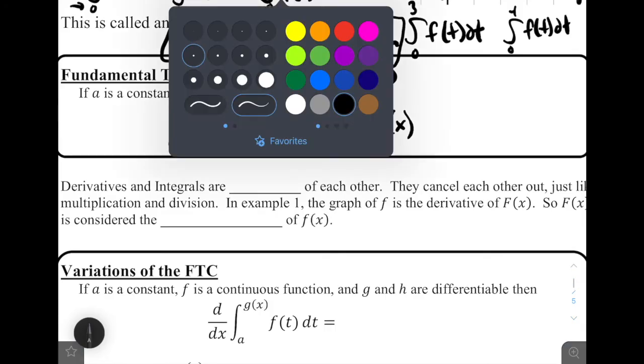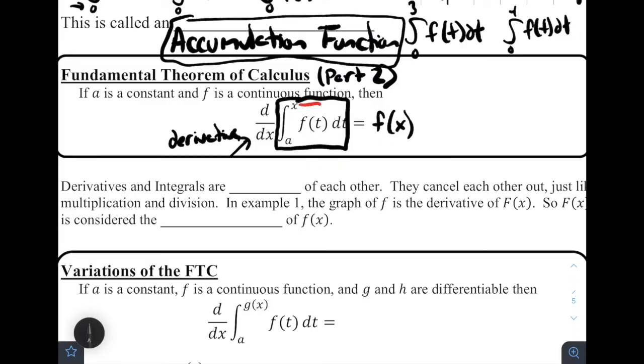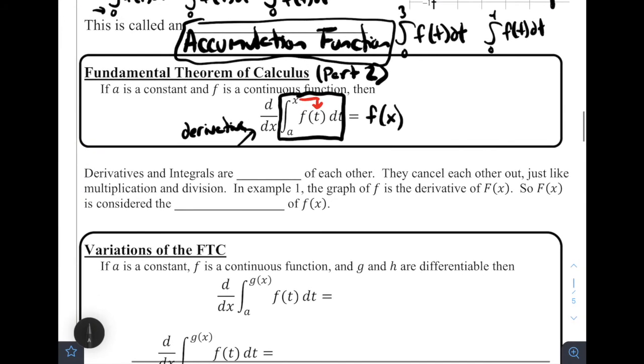So this upper limit of integration, when I took the derivative of that integral, became the input for my function, and then the derivative and integral canceled each other out. What? That's crazy. So what does this tell us then? Well, if they cancel each other out, then the derivatives and integrals have to be inverses of each other, right?